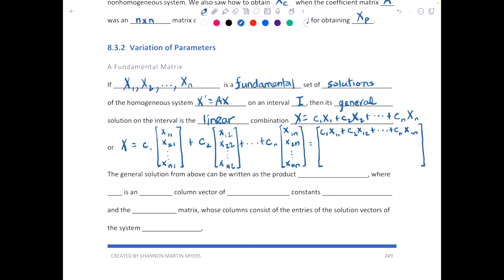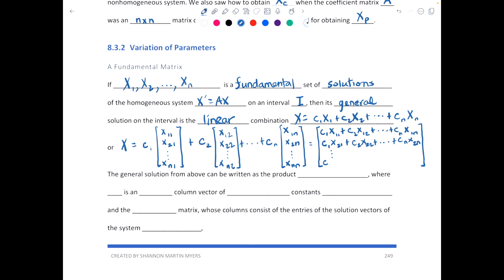And then the next entry on the next row would be c1 times x21, my bad, because we're in row 2 now, plus c2 x22, all the way down to cn x2n. Cool so far? And then, of course, these would all continue.